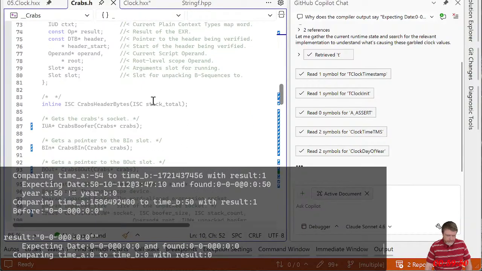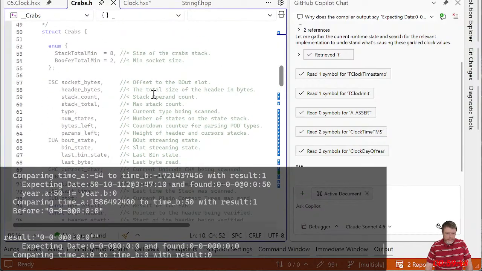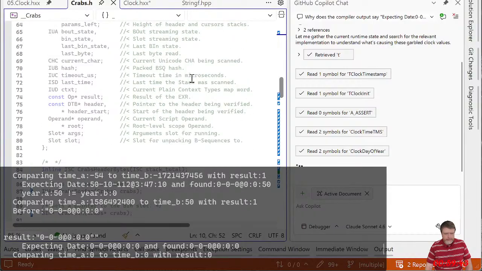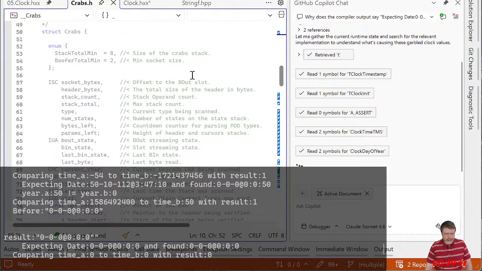So, what do we have here? The crabs machine. This is like the hottest that it's getting. Do I need two different timestamps? I probably don't want to do two different timestamps epochs.